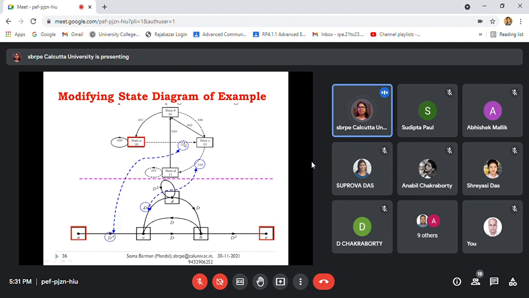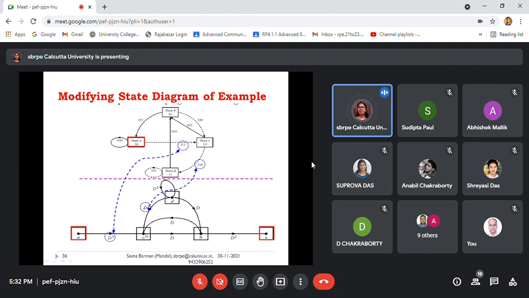This is the output branch 1, 1, 1. Hamming weight means how many non-zeros there are. 3 non-zeros, so d to the power 3. Clear?